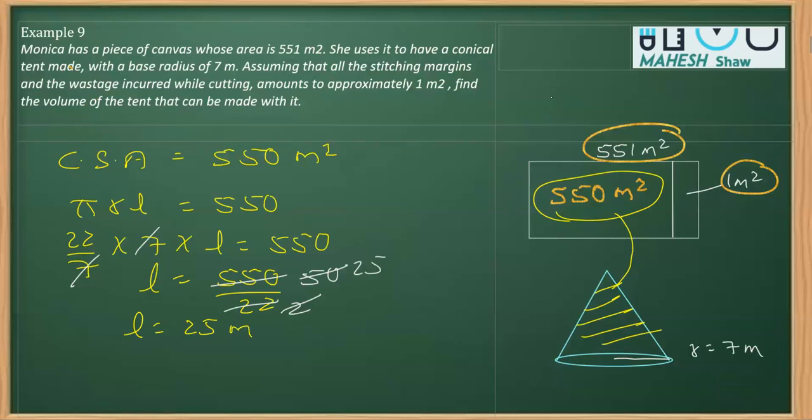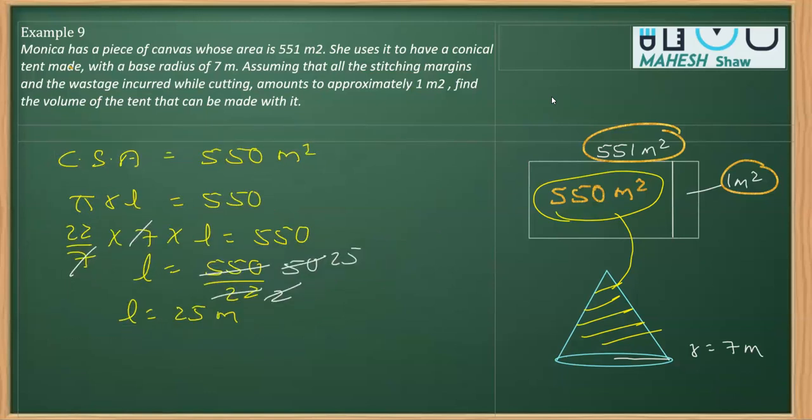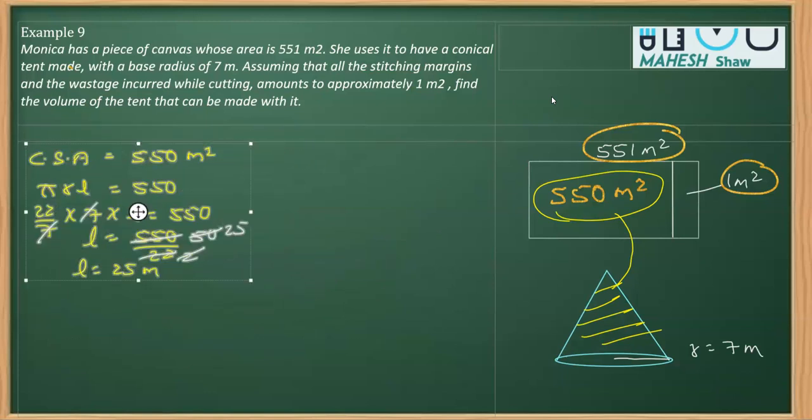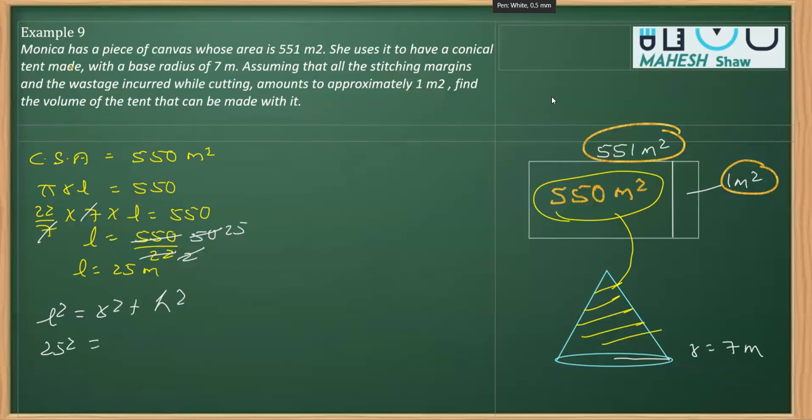Now, once we have the slant height as well as the radius, we can find the vertical height. As you know, we need the vertical height in order to find the volume. So therefore, we will be applying this relation, l square is equal to r square plus h square, to find the height. l, which we have got as 25, so we replace l with 25 square, r square as it is 7, so 7 square plus h square. 25 square is 625, 7 square is 49, and h square.